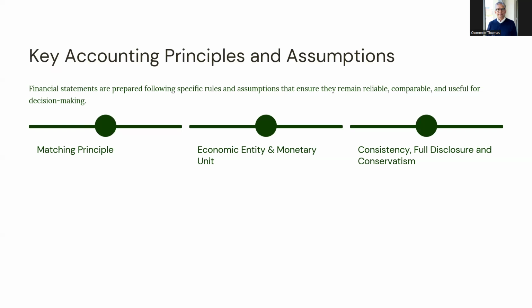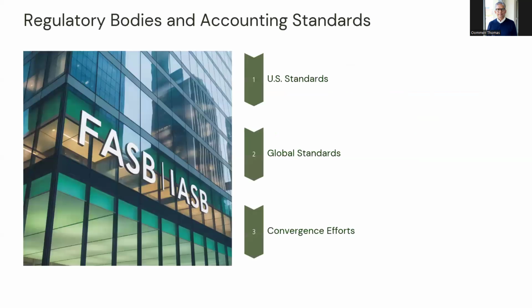Now that we have covered the principles, let's look at the organizations that set and enforce these rules and regulations. For guidance on what accounting rules and standards to use to prepare financial statements, accountants look to standard setting organizations such as FASB or IASB.